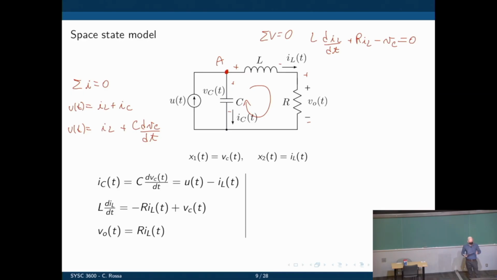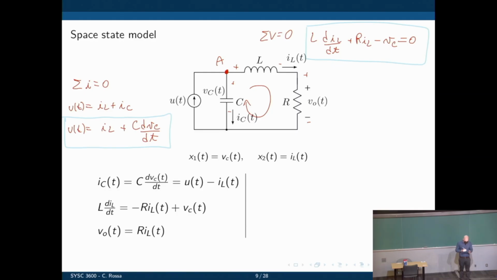Okay. And now we are pretty much done with our equations. So here is one of them. Here is another one. And notice that these equations, once again, are now functions only of states and their derivatives, and the input, of course, because the input is required.